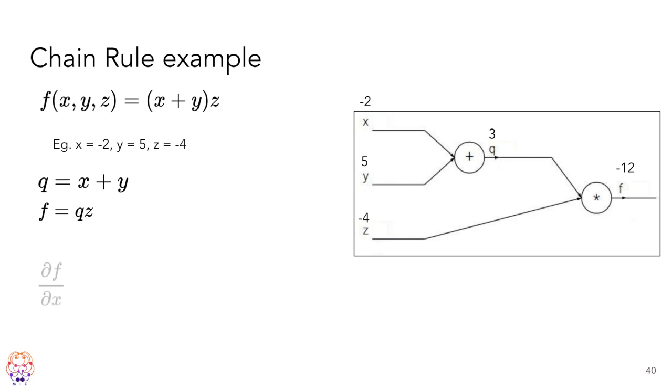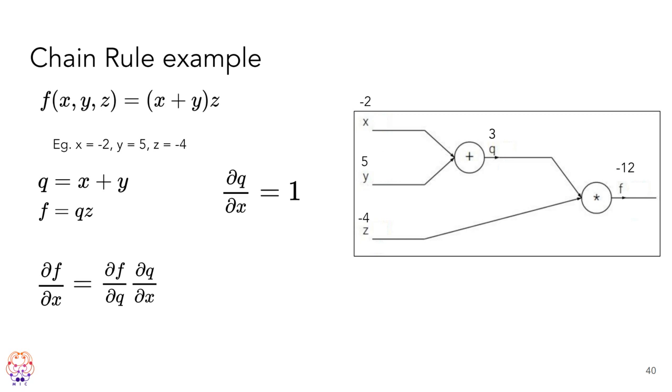Okay, so now what we want to find is the derivative of f with respect to x. So what we do is we decompose them into their two parts: f with respect to q, and q with respect to x. And then you can see these operators would be applied on this.